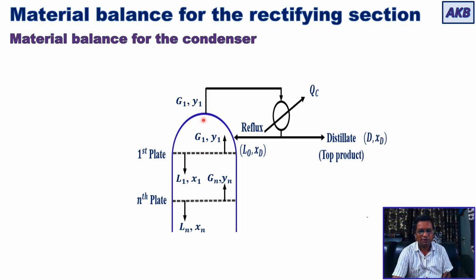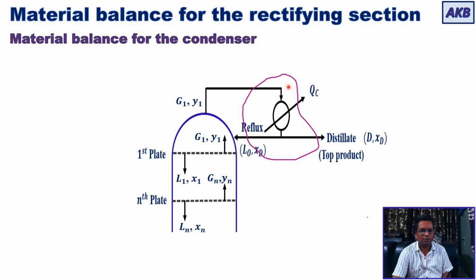Then the same vapor phase from the top tray is taken out, so it will have the same flow rate G1 and Y1. Then it will move to the condenser where it will be condensed, and then you will get reflux and the distillate.